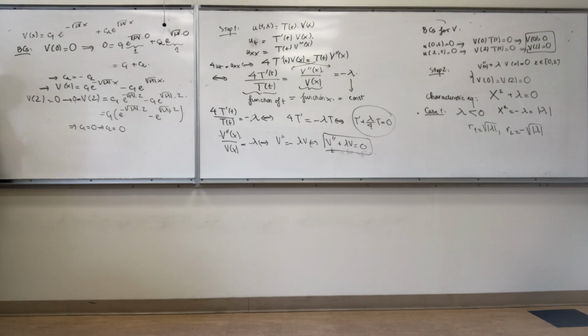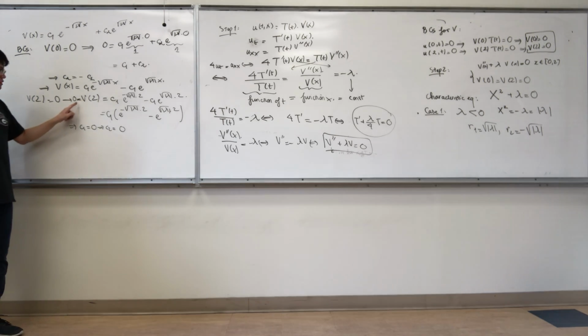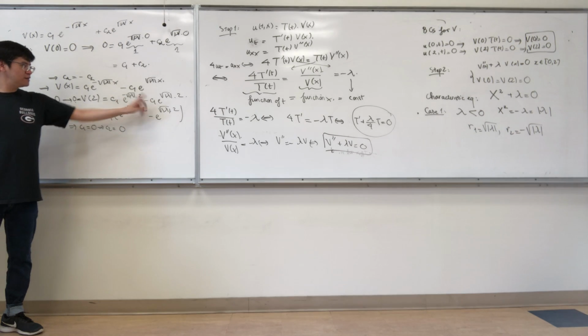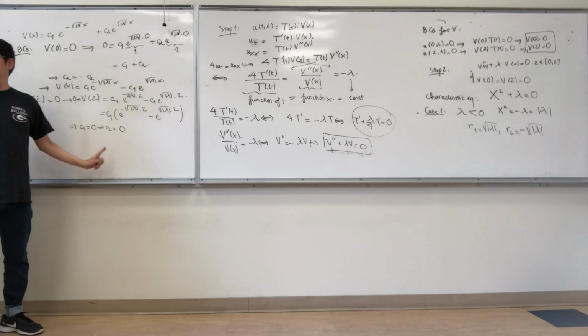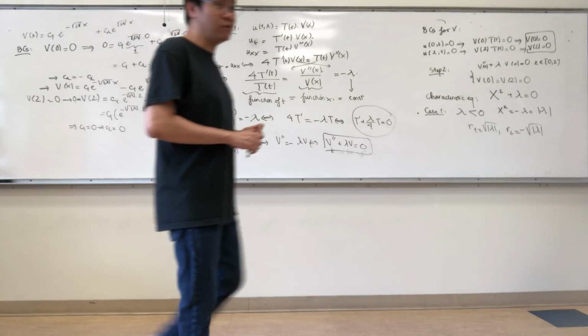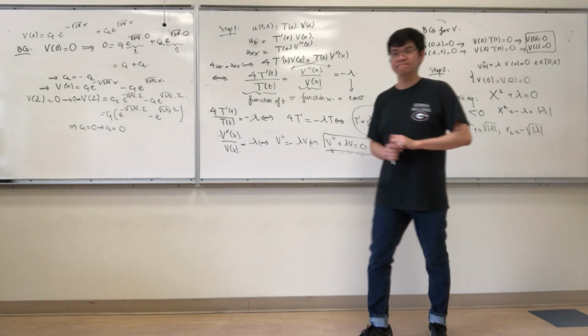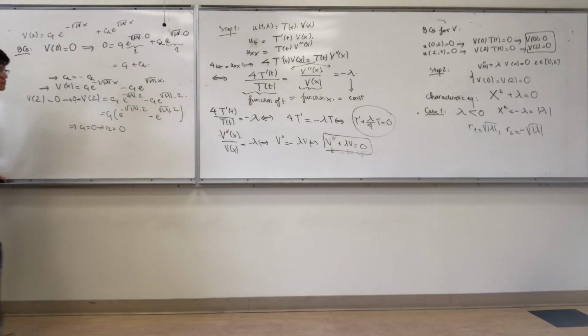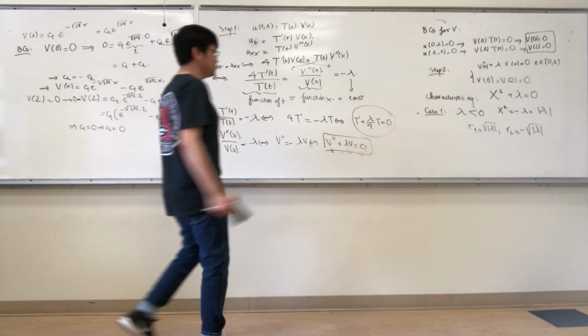When you use it, you find 0 is V of 2. You replace x with 2 here. So here you have C1 and a constant. So C1 is 0. C2 is also 0. So in this case, there is no eigenvalue and no eigenfunction. All right? Questions? Now, case number 2.